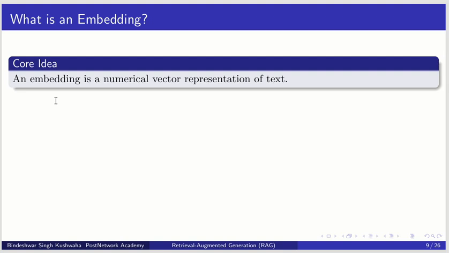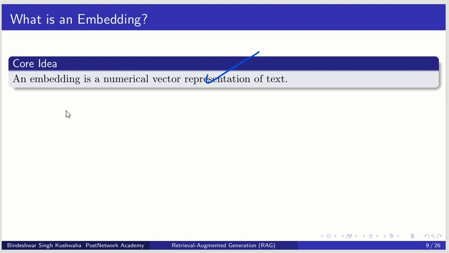Now, what is an embedding? An embedding is a numerical vector representation of text. We will discuss that, it is a core NLP task, and NLP plays a very important role in the field of RAG. Actually, language sits on the top of intelligence. That's why among all subfields of AI, NLP sits on the top.